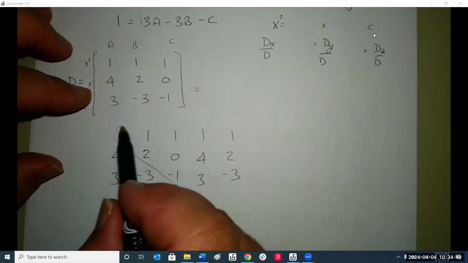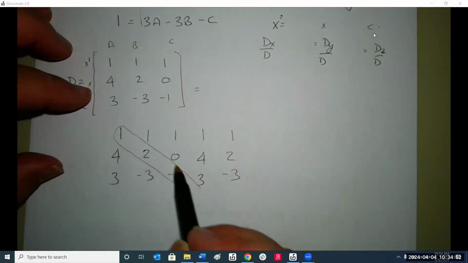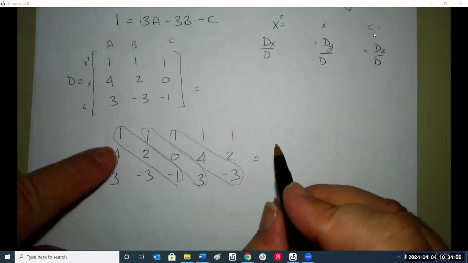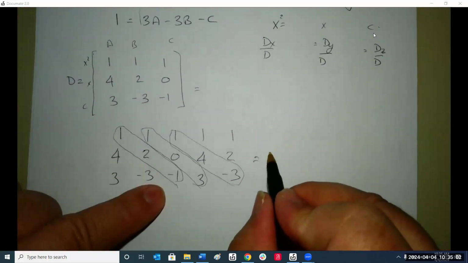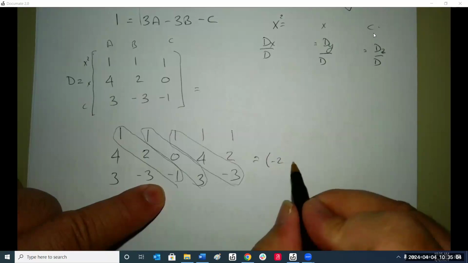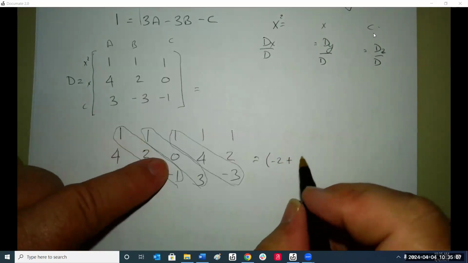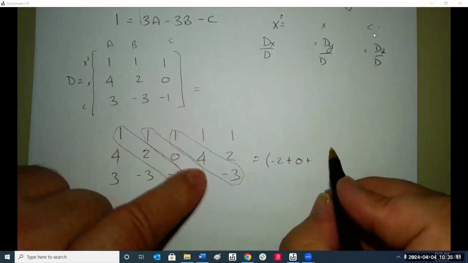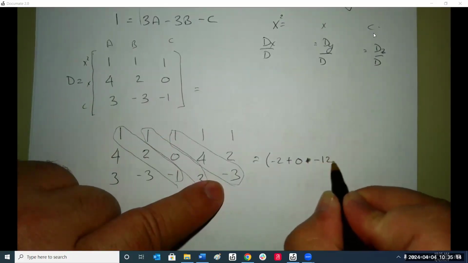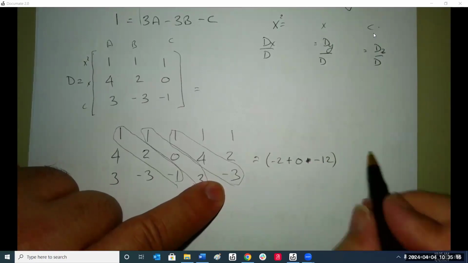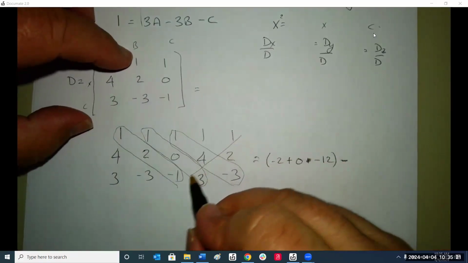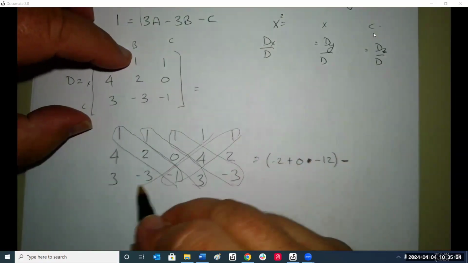Now I take these diagonals. I multiply them. So 1 times 2 times -1 is -2. 1 times 0 is 0. 1 times 4 is 4 times -3 is -12. So now these, I got to do it in reverse. So I subtract these.